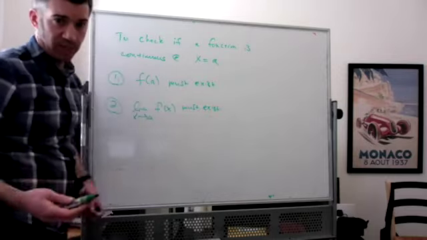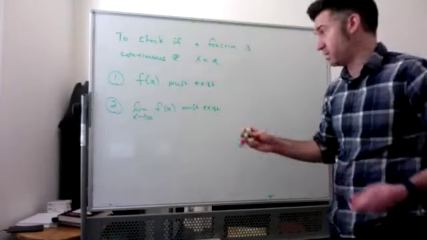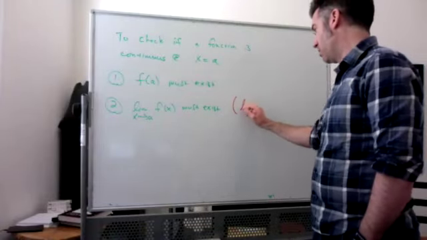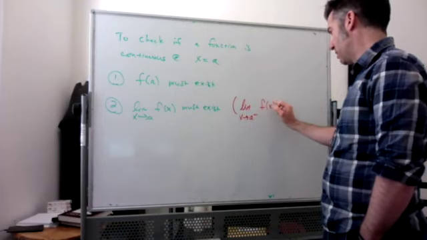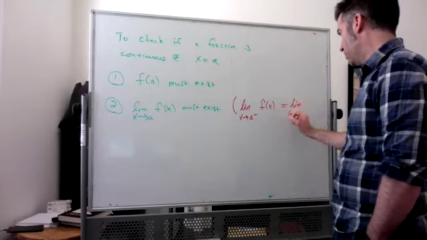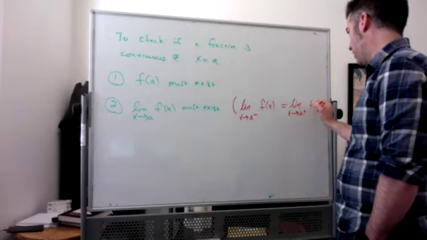Usually, especially for piecewise functions, this requires checking that the left and right hand limits are the same. So the limit as x approaches a from the left of f of x has to equal the limit as x approaches a from the right of f of x.